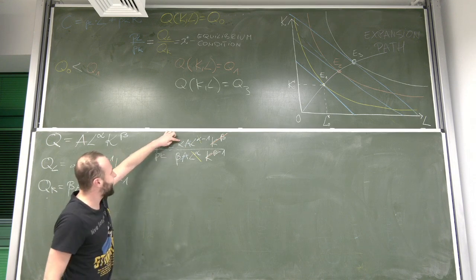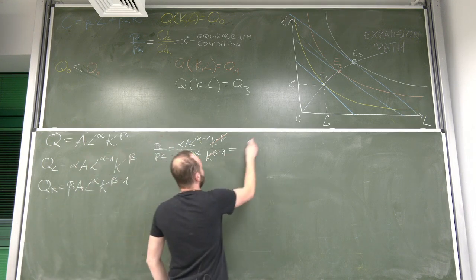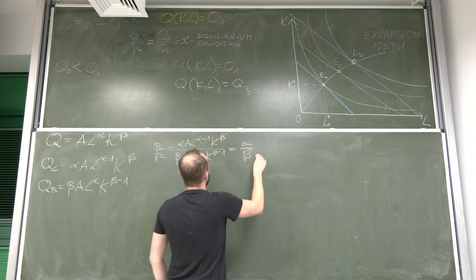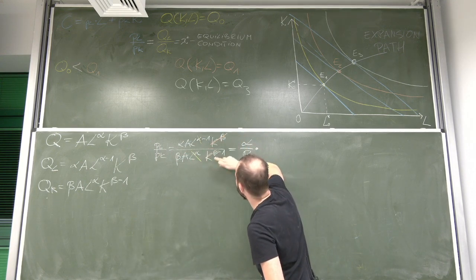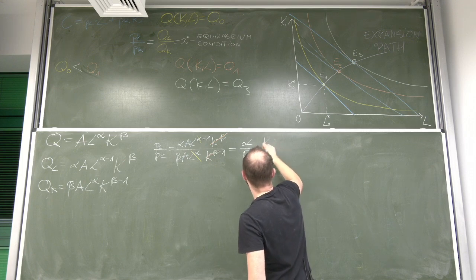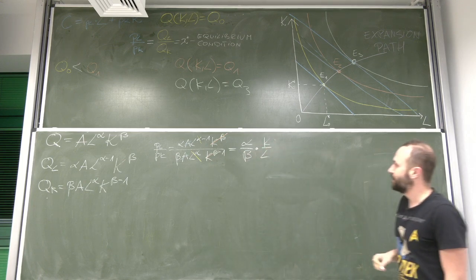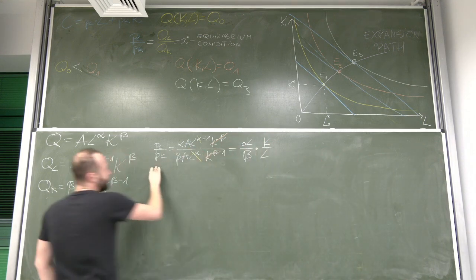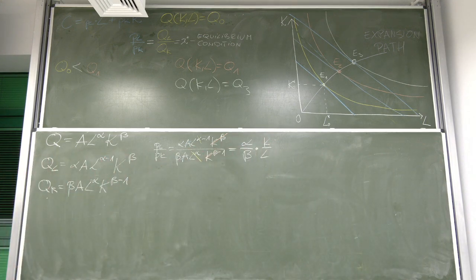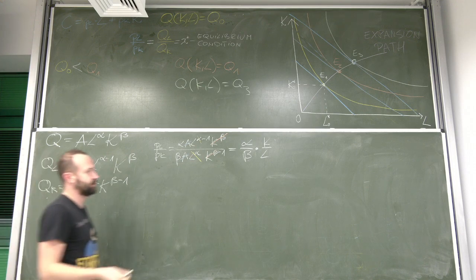So look, we've got alpha over beta times, L goes down, K goes up, K over L. And look, so this would be the equilibrium condition if the production function that we are using is Cobb Douglas production function.